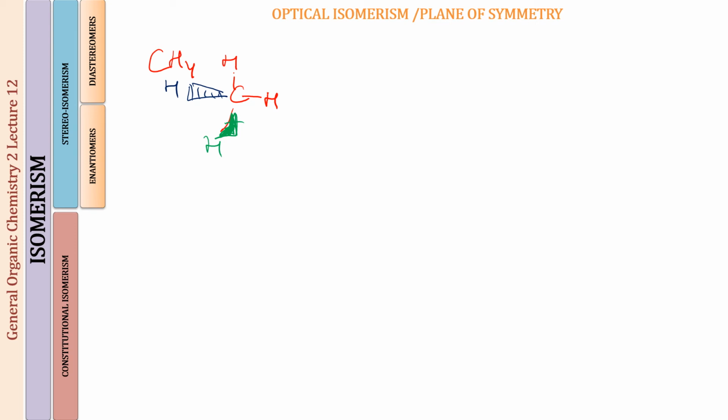Okay, so what you will be getting is that if you insert a playing card just like we have done in the models, you will be getting half of the carbon and half of the two hydrogens on one side and the remaining on the other side, and along with one half there is going to be one hydrogen, and on the other side there will be the other hydrogen.